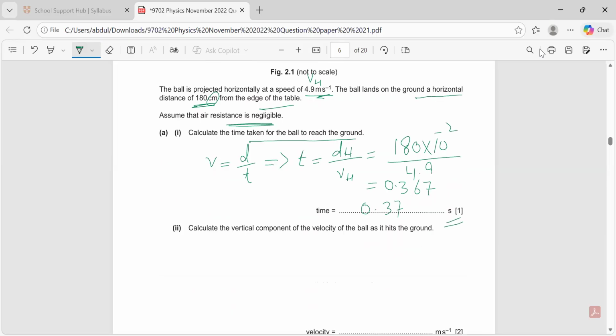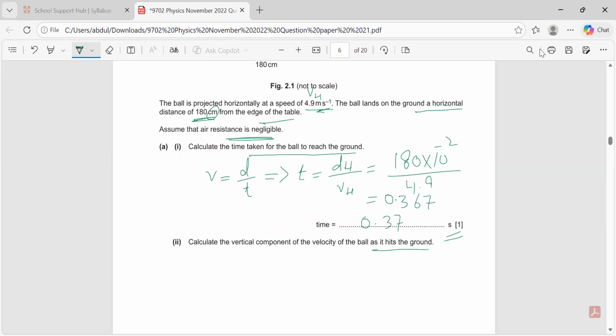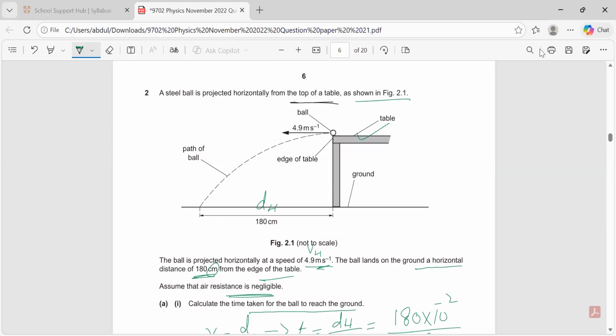But now calculate the vertical component of the velocity. Vertical component of the velocity as it hits the ground. Now, my dear friends, if I'm going to do it here, see, when it hits the ground, let's suppose the ball is here. When it will be hitting the ground, this will be the resultant velocity.